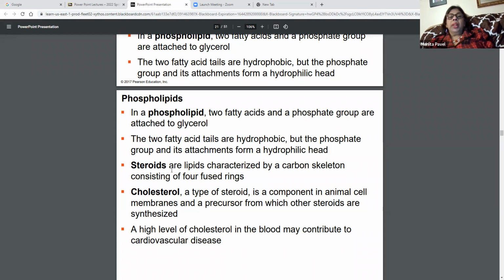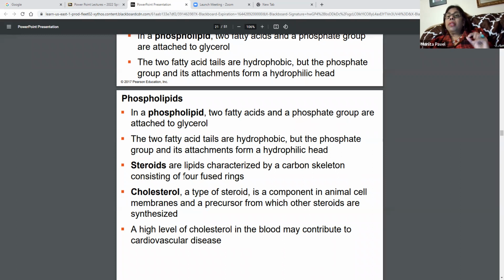So what then are the steroids? Steroids are lipids that have a carbon skeleton, consisting of 4 rings that are fused together. A steroid is a hormone. They are chemical messengers that are released in the body.